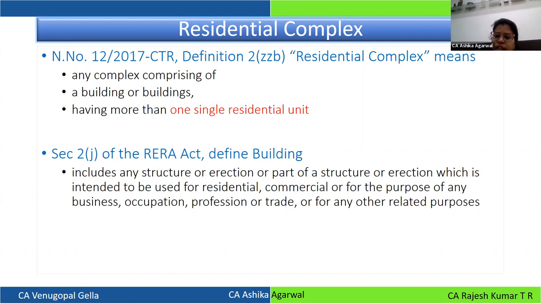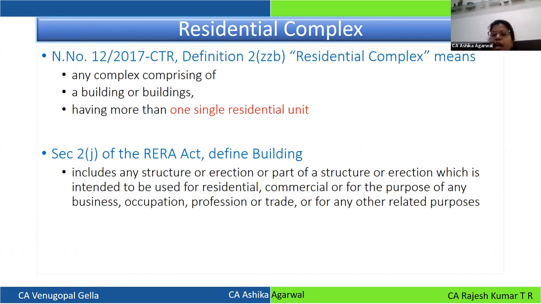So these were the four parts of that exemption: pure labor, original work, single residential unit, not a residential complex. In order to avail the exemption, we need to be very careful with these four terms. If we are able to cover the first three and not fall under residential complex, then we will be eligible for exemption.